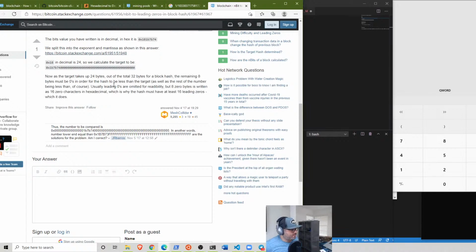Now, as the target takes up 24 bytes out of 32 bytes for a block hash, the remaining 8 bytes must be zeros in order for the hash to be less than the target, as well as the rest of the number being less than, of course. Usually leading zeros are omitted for readability, but 8 zero bytes is written as 16.